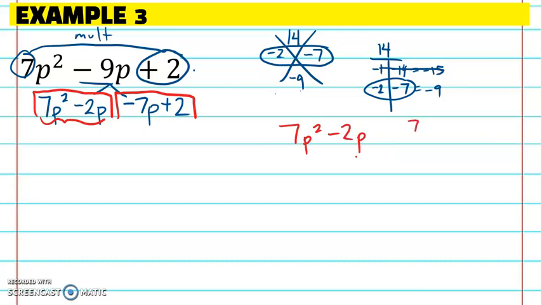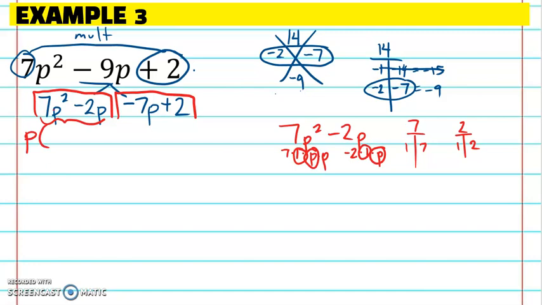All right, so I'm looking, you can make the list if you need it. You'll see real quick that this is 7 times 1 times p times p. This is negative 2 times 1 times p. All that they have in common is the 1 and the p, right? So I can pull out p.